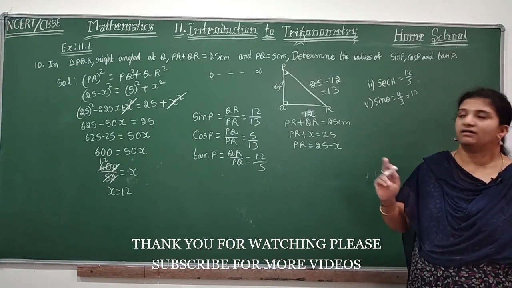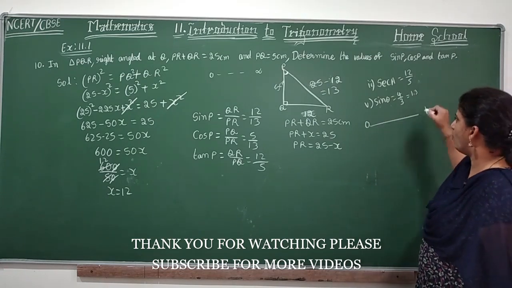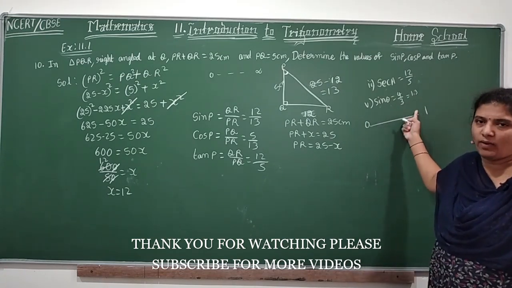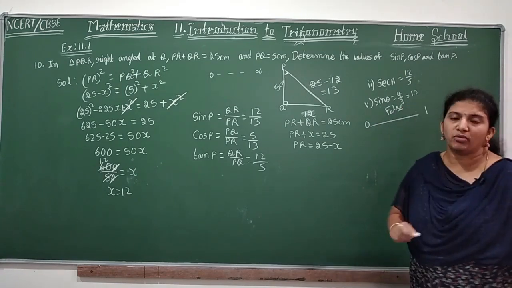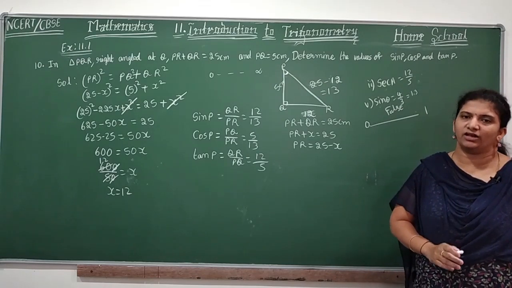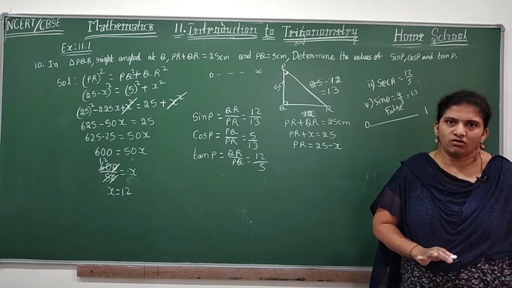But what is the sine range? From 0 to 1. It is exceeding 1. So this is false. It cannot be more than 1. So this question is also false.